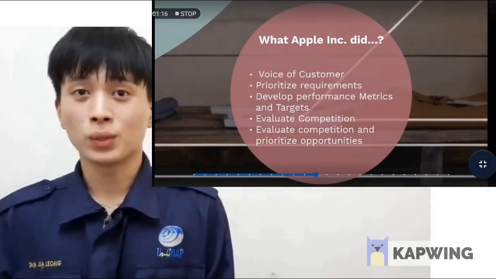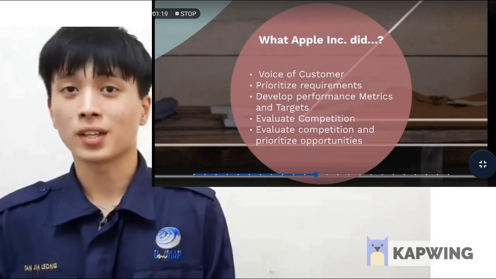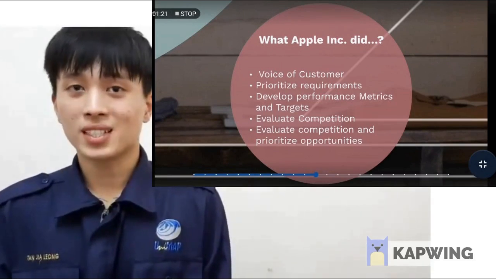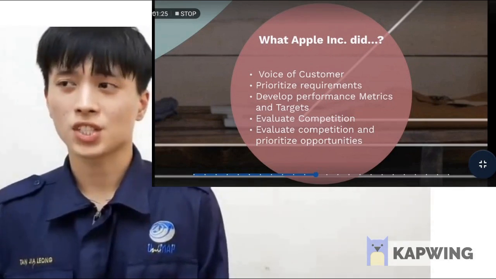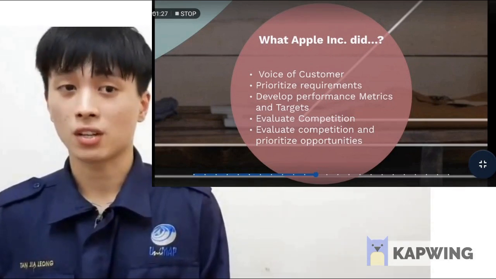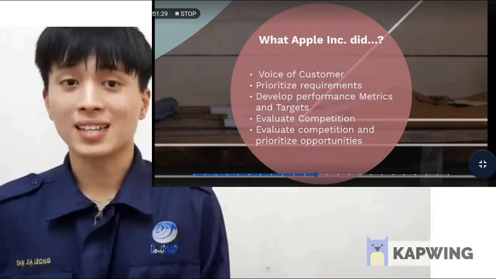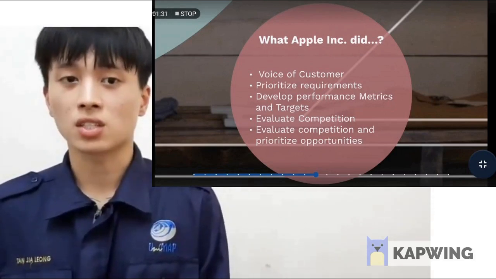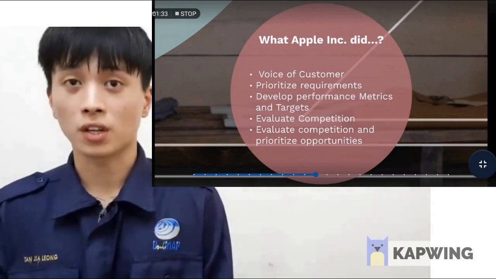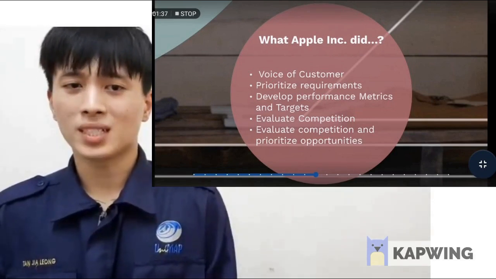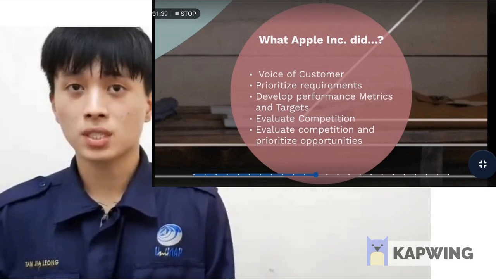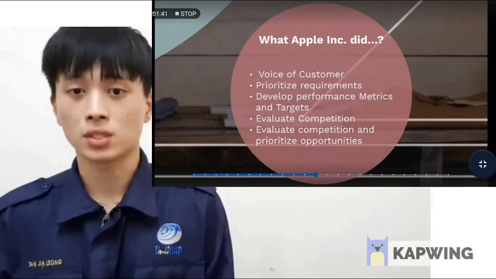And what actually did we do when we did a QFD? What we did was to determine or document the customer requirements, such as the voice of the customers. We used a design survey to ascertain the customer needs by using SurveyMonkey. And to prioritize the requirements, we took the responses from the customers and came up with 15 top requirements.